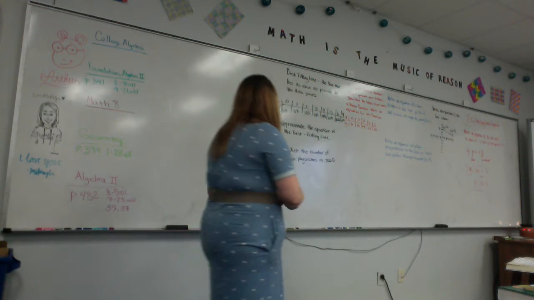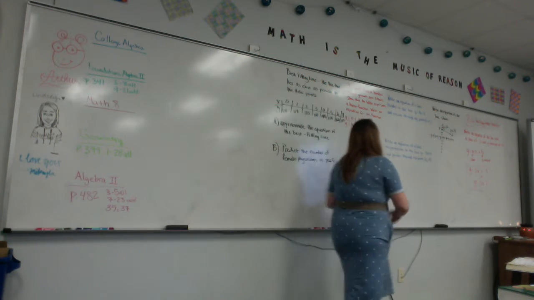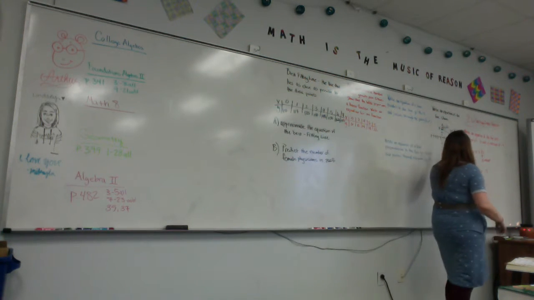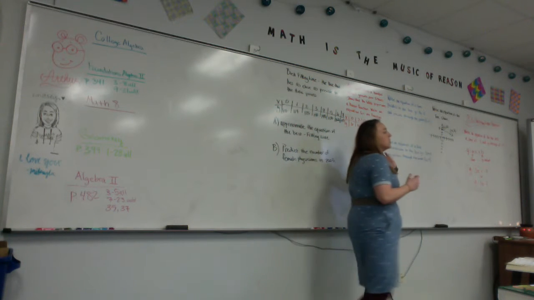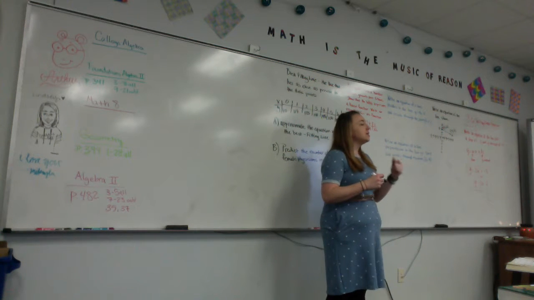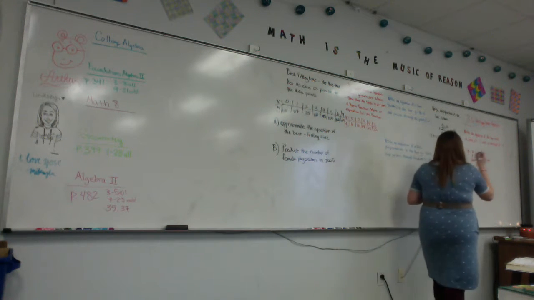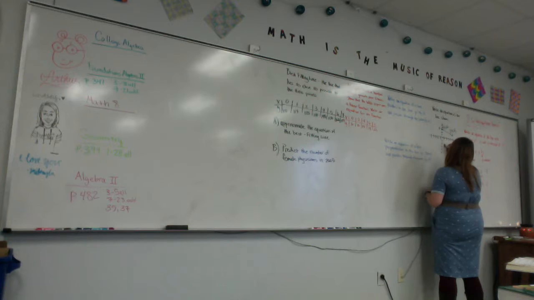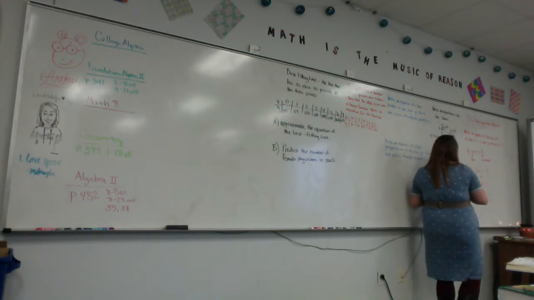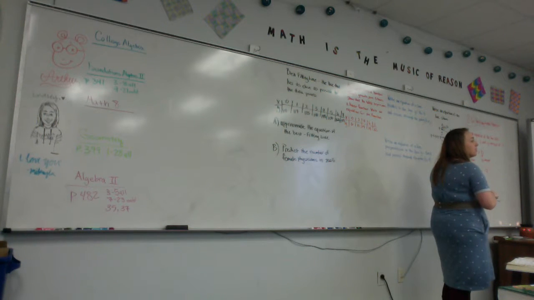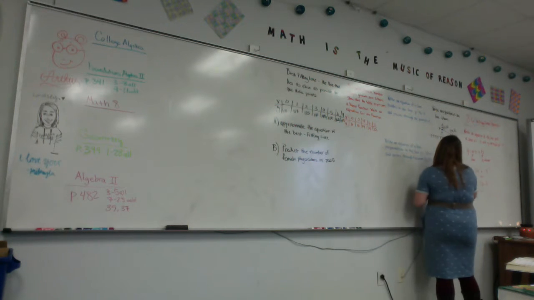Now, if it gives you a graph with 2 points, and it says write an equation of this line, what are the 2 things I need to know to write an equation of the line? The slope and the y-intercept. Do I know my slope right now? No. Can I find my slope? Yes. How? 3 minus 2 and 0 minus 4.